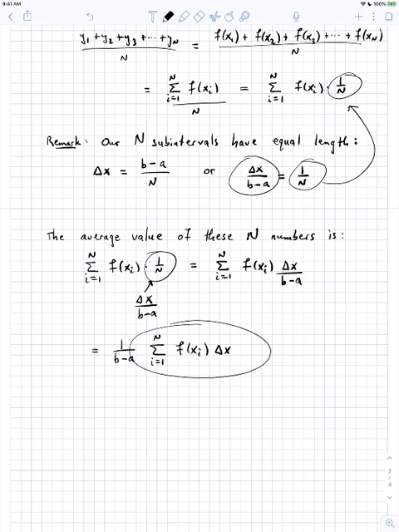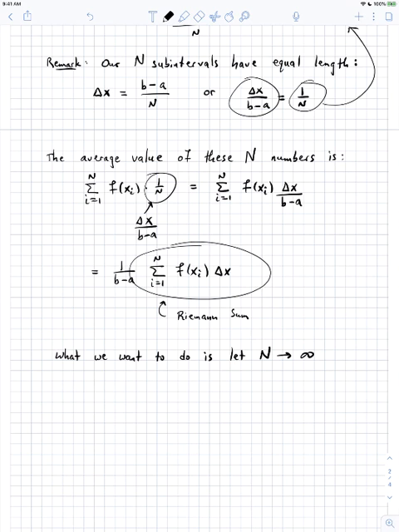And suddenly, this sum should look familiar. This is what we were calling a Riemann sum. What we see here is the average value of the n numbers. But the more numbers we have, the more accurately the average of these n numbers will represent the average of the function. So what we want to do is let capital N go to infinity.